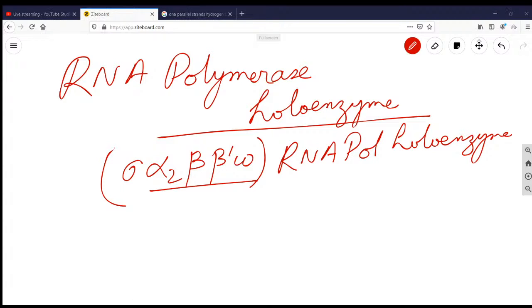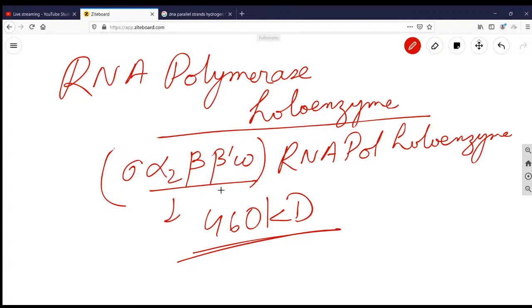Now the molecular mass of this holoenzyme is 460 kilodalton. Always remember, this is the molecular mass of this specific RNA polymerase holoenzyme, including the sigma factor: 460 kilodalton.